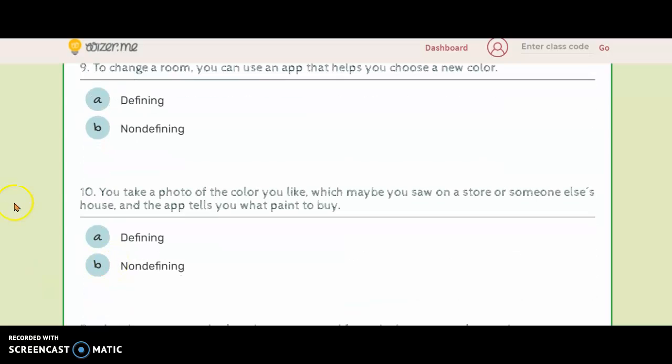And 10, you take a photo of the color you like, which maybe you saw in a store or someone else's house, and the app tells you what paint to buy.